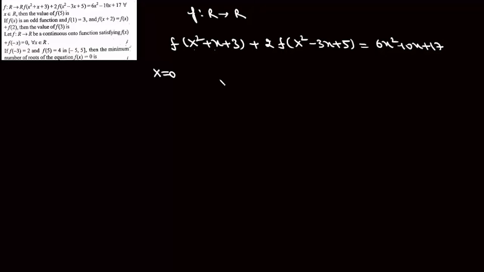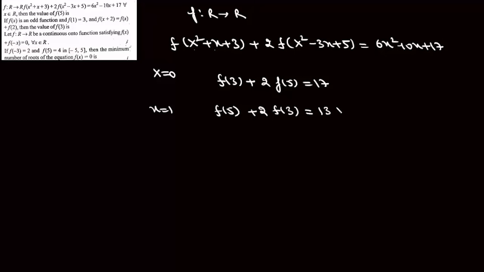So first we'll put x as 0. We can write f(3) plus 2 times f(5) will be equal to 17. And if we put x as 1, we can write f(5) plus 2 times f(3) will be 13.